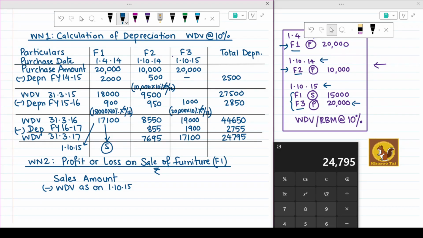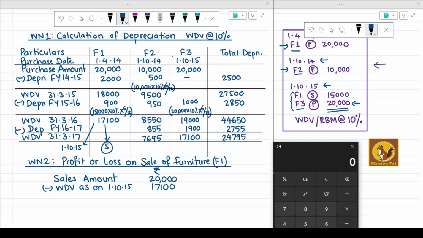So here we'll have 17,100, and from sales we have got this amount. We have received more than the book value, that is 17,100. The sale amount is more than WDV, that is book value.